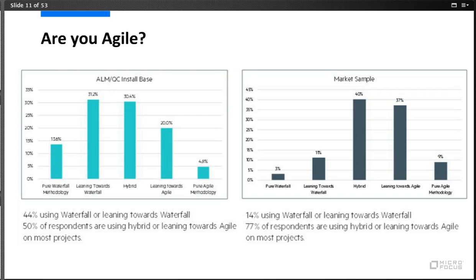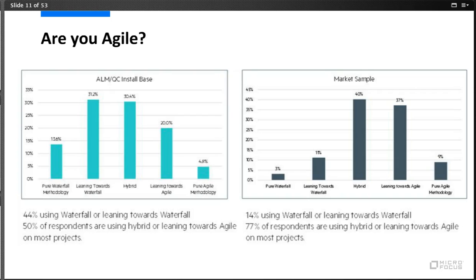On the left-hand side, what you can see is what our current ALM QC install base says is where they're at in terms of their projects. We see that there's a little bit more pure waterfall leaning. We're leaning towards Agile, but still pure Agile methodology takes the minimum amount of their projects. On the right-hand side, we see the contrast of where the overall market is.